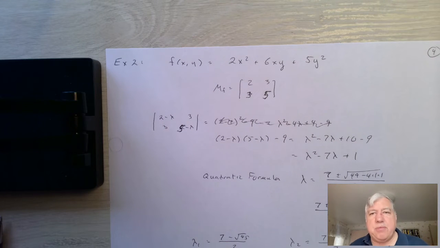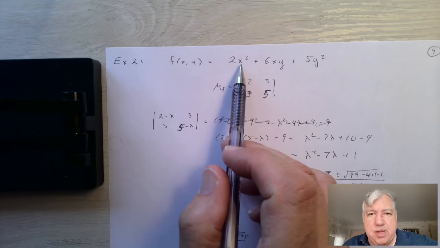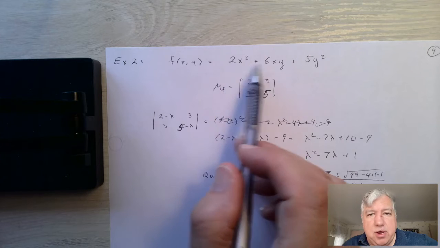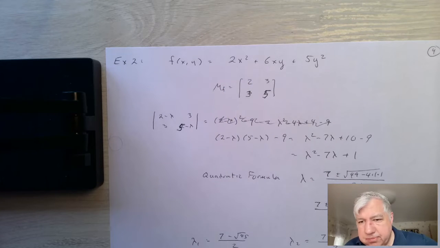Your book talks about this, that a quadratic form is really what they call a homogeneous polynomial of degree 2, meaning you can have as many variables as you want, as long as the terms are like this, where you just have either a variable squared or a variable times another variable.